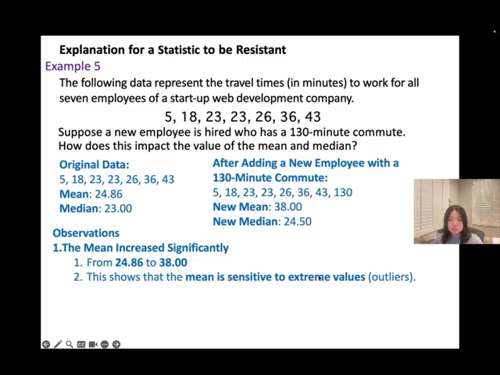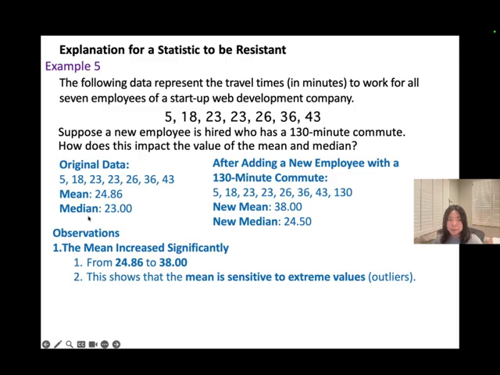Okay, we call this an extreme value because 130 is far away from the majority. Okay, 130 is somewhere like here. Far away from the majority, we call this an outlier. Okay, when you add the outlier to the data, the mean will change a lot. Okay, this shows that the mean is sensitive to extreme values.